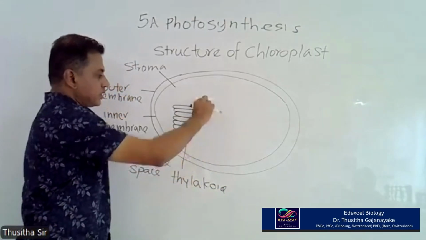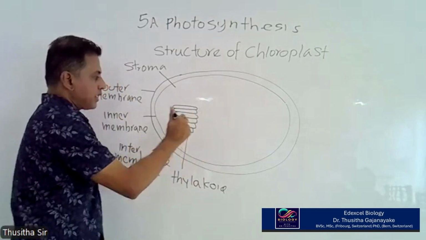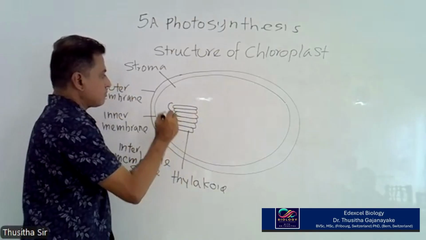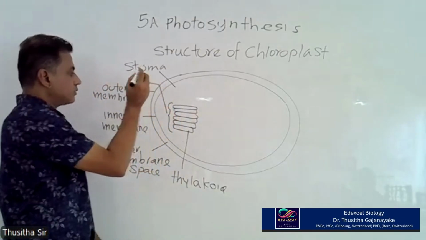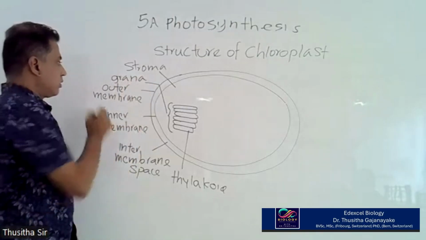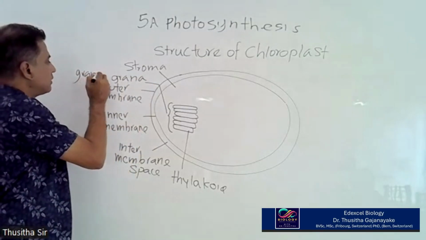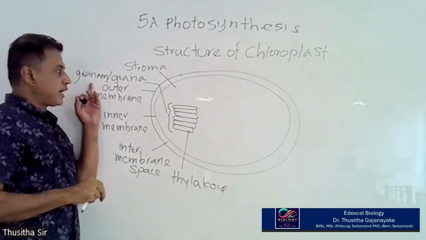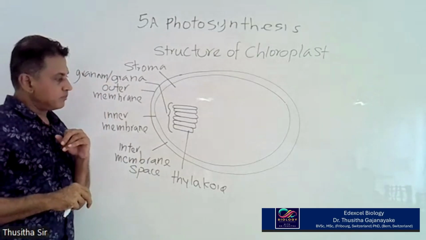The collection of thylakoids into a column is called grana, or granum. That is something to do with singular and plural. The granum is singular, grana is plural.